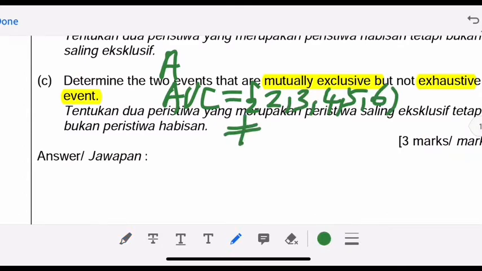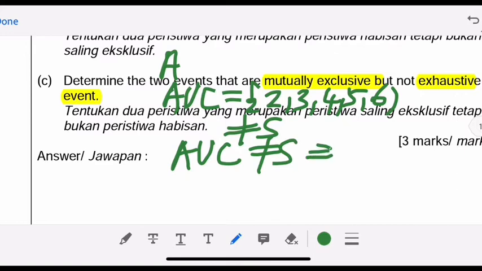That is not equal to the universal set, so A union C is considered not exhaustive.